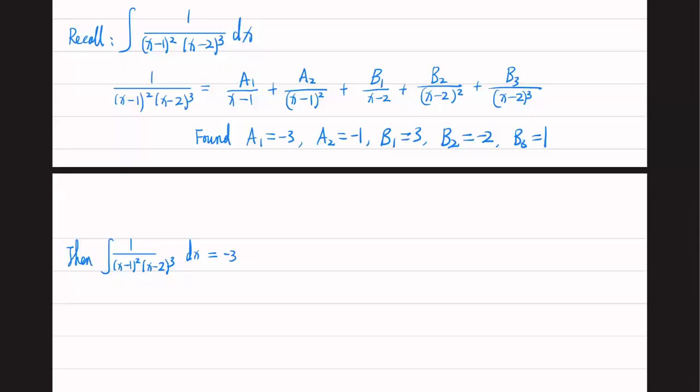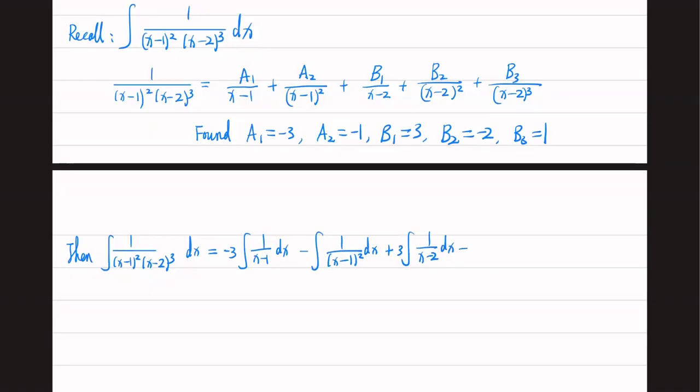It'll be minus 3, 3, 2, 1. Okay. So this is the power of this method, partial fraction decomposition.